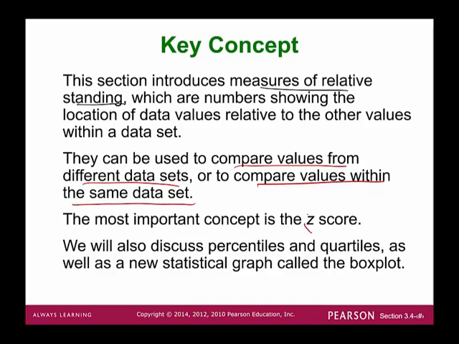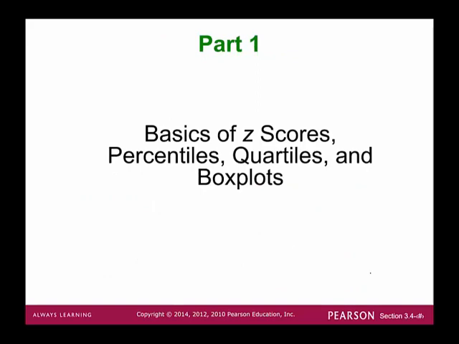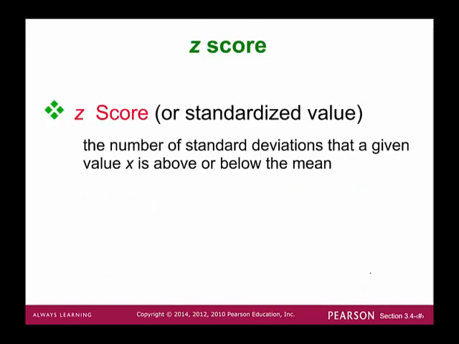The most important concept is Z-score. You're also going to talk about percentile and quartile, and also the graphical representation of the 5-number summary. We call that the box plot. It's also a graph. So let's get to the basics of the Z-score, percentile, quartiles, and the box plots.